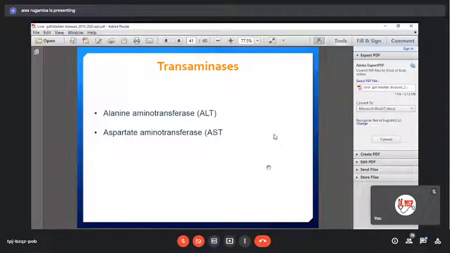There are other enzymes called transaminases. Transaminases are the alanine aminotransferase and the aspartate aminotransferase. Those are enzymes produced by the liver. They are also good indicators of liver diseases or liver problems.